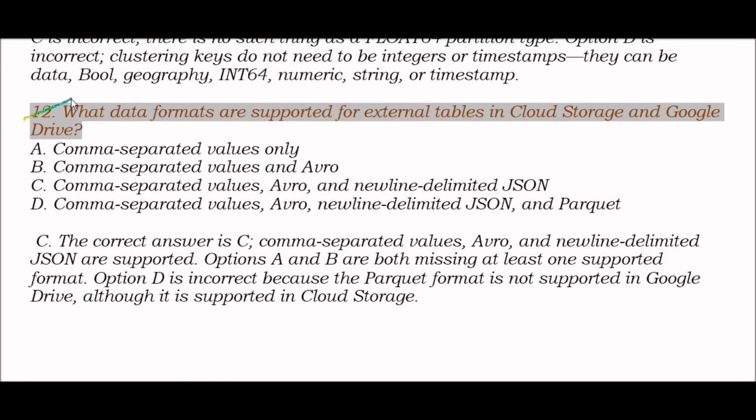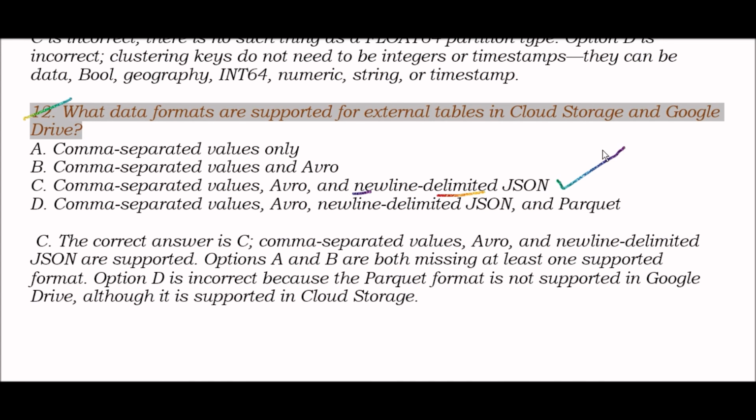Okay. Option C, comma-separated values, Avro and newline-delimited JSON is correct here, because comma-separated values, Avro, and newline-delimited JSON are supported formats for external tables in Cloud Storage and Google Drive.